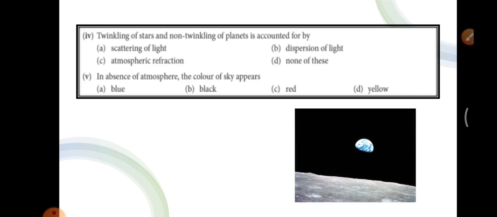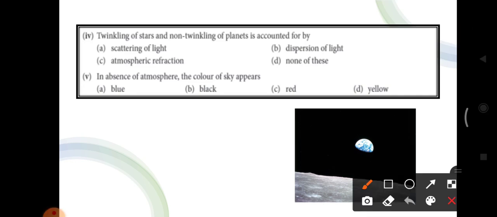The fifth question, in absence of atmosphere, the color of the sky. If there is no atmosphere, it means there is no scattering of light. If there is no scattering of light, it means the sky appears always black. See, this is black.